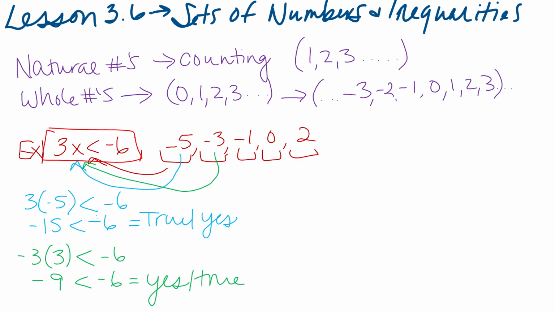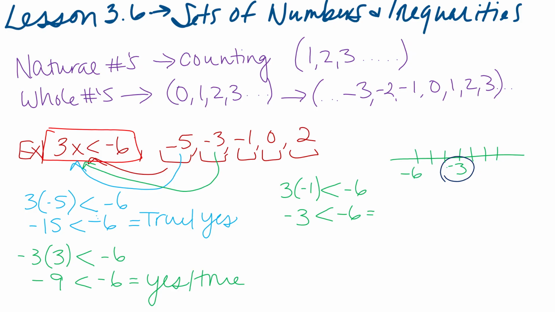All right, now I'm going to put in my -1. So I have 3 times -1 is less than -6. -3 is less than -6. Is that true or false? On our number line, if we have 0 and I have a -3, which would be right here, is that less than a -6 way down here?